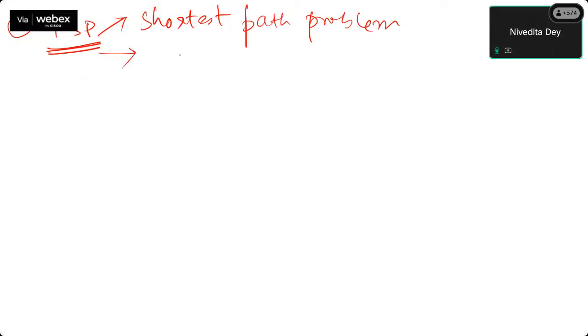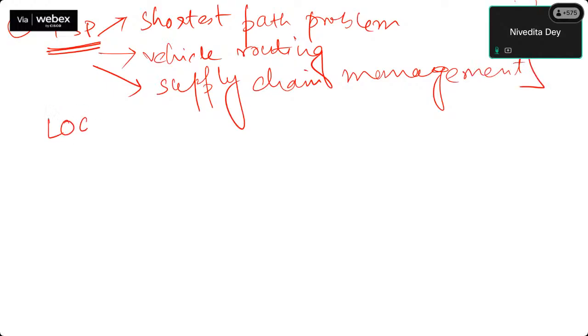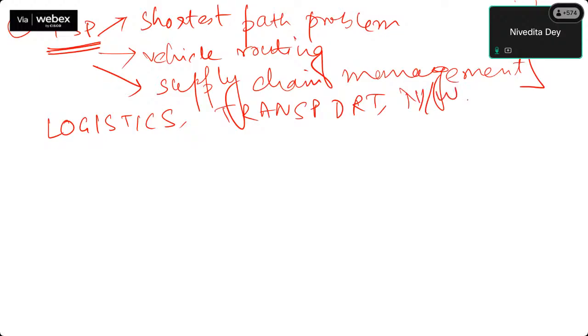It is used in vehicle routing. It is also used in supply chain management, that means in logistics, in transport, and in any application or industry where you need anything from a network, there is a huge application. And this is point number one.